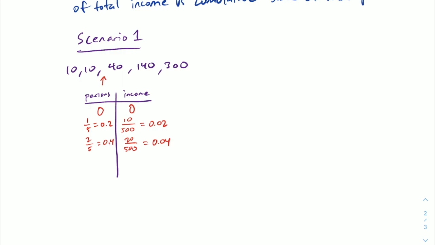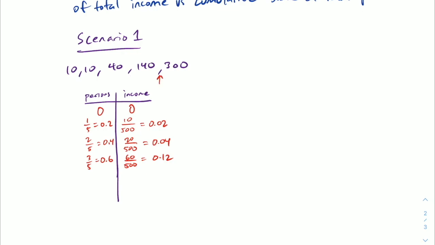And if we do this again, we'll get 60% and 60 out of 500,000, which is 12%. So now we're there, and now we jump over the 140 person.